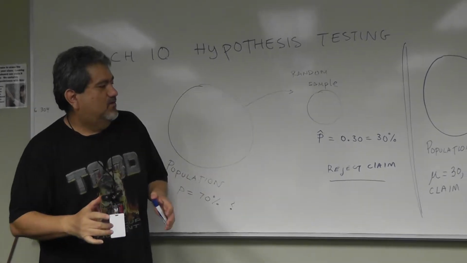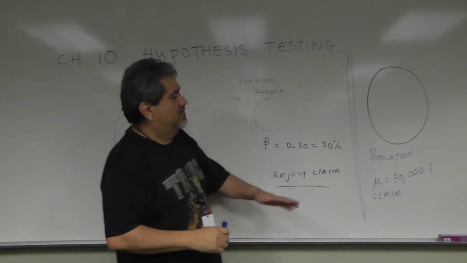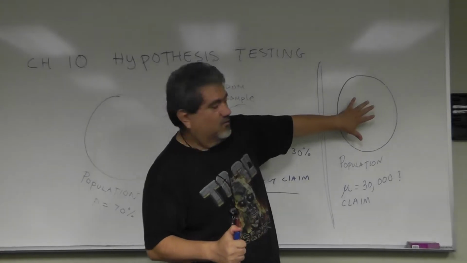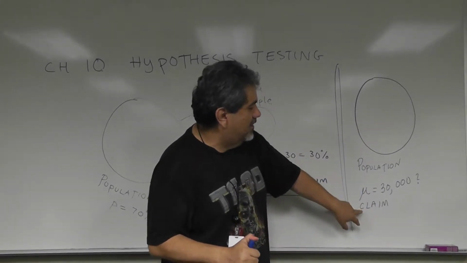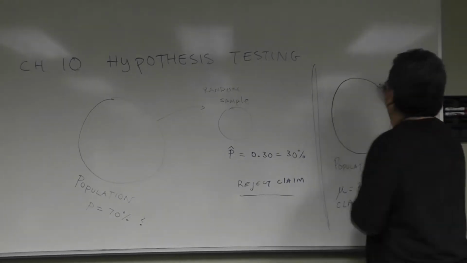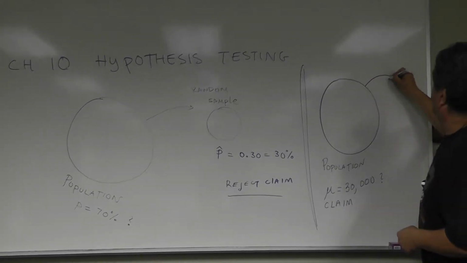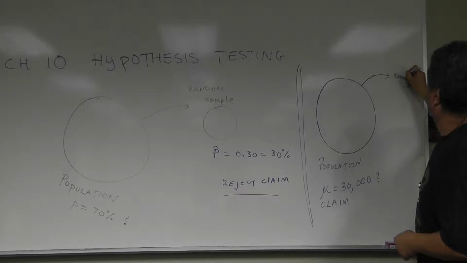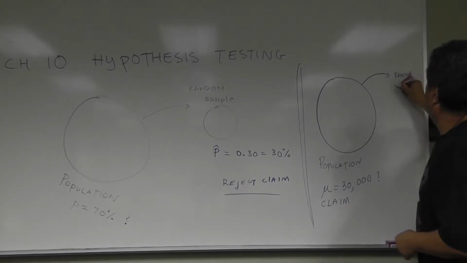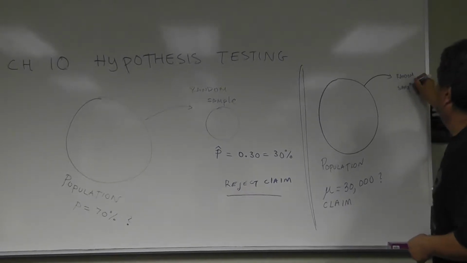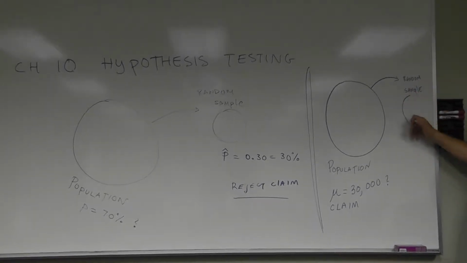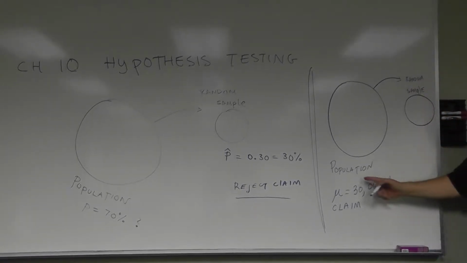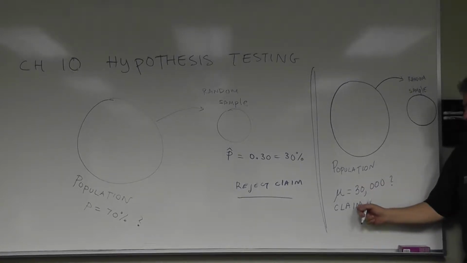Well, we are going to test the hypothesis not by measuring the whole population, because it will take too long. We are testing this claim based on a random sample, right? So we take a random sample out of this large population, and it is always assumed that this is a random sample, right? Notice this is a claim about the population mean.